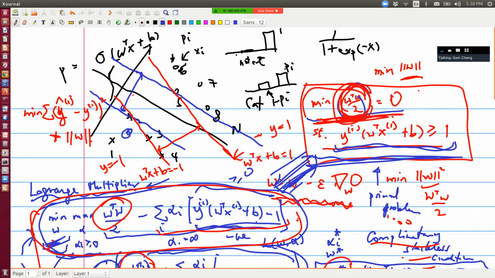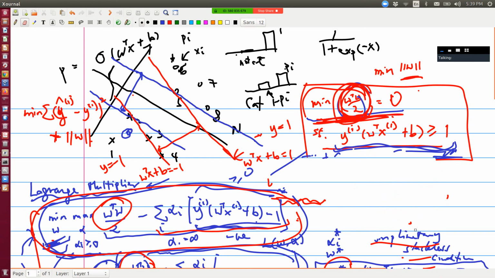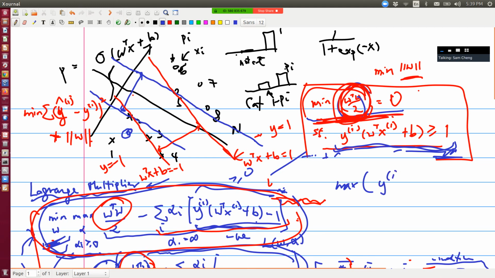The easiest thing is, instead of trying to force this to be bigger than or equal to 1, I can modify the constraint to something like max(0, 1 - yi(...)). Maybe I leave a minus sign here.